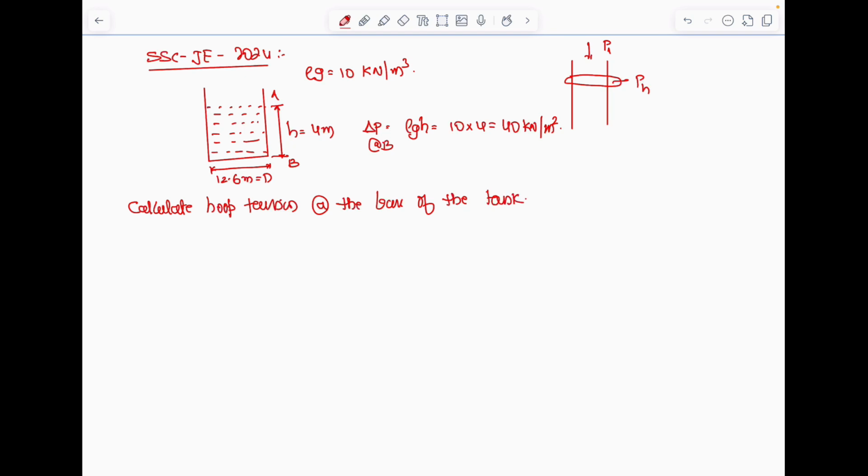The formula for the hoop tension is, because it is not the normal tension they are asking, hoop tension they are asking. Hoop tension is different. Hoop tension is this. Normal tension is this. Normal pressure is this. Hoop pressure is this. Hoop pressure is circumferential.